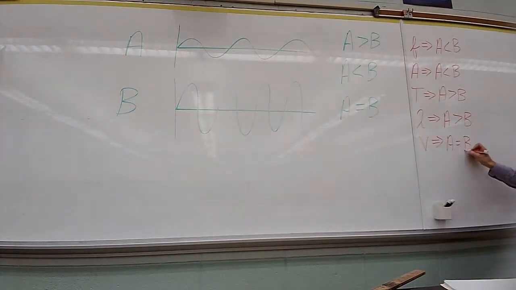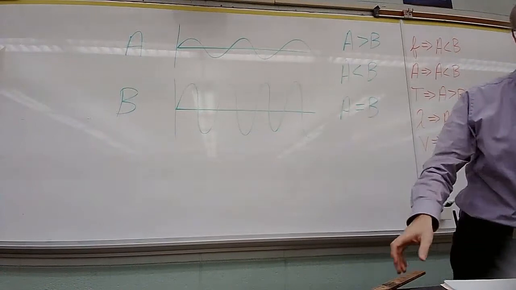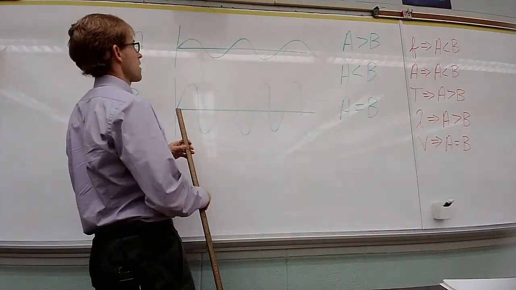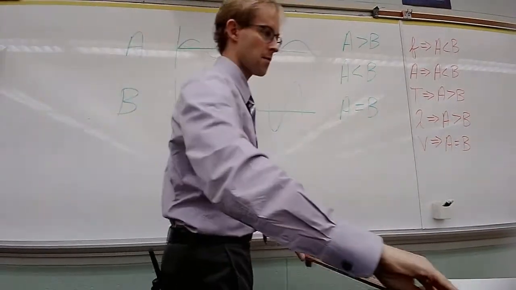How come the wavelength is different? You mean like how would you measure it? Sure. You would take your straight edge, and you can get wavelength by measuring crest to crest or trough to trough. If I'm measuring the distance, it actually lines up pretty good here.